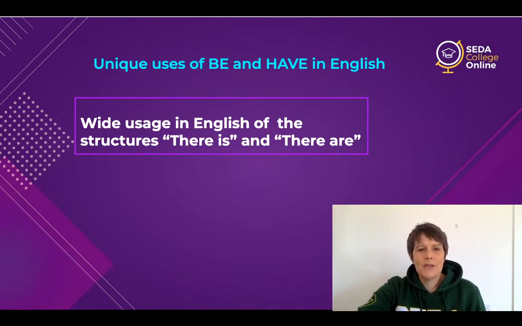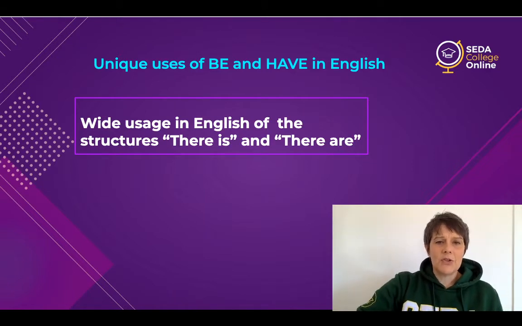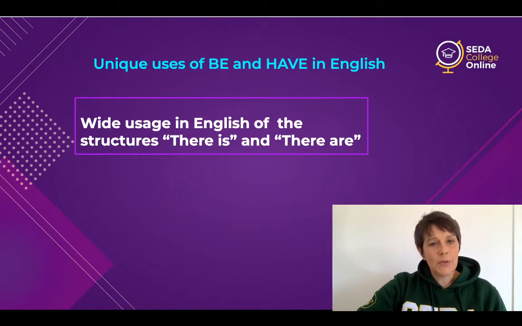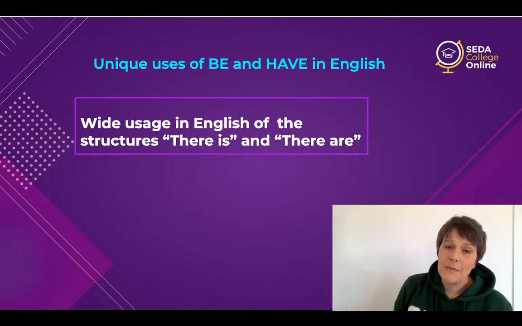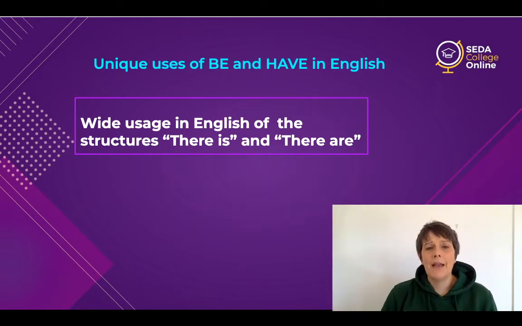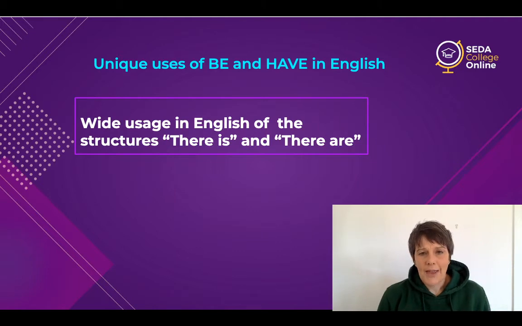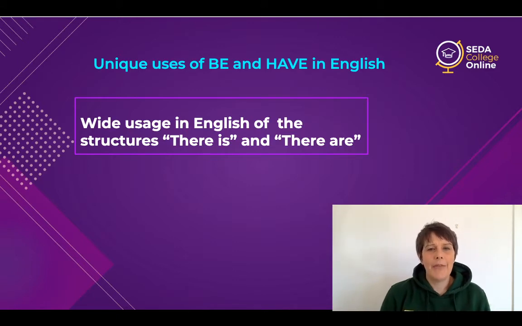And now I just want to talk about the wide usage of English, of the structures there is and there are. When you look at the descriptions that you wrote about the 3 places in Dublin that you should go to, did you write, there is a lovely view from here, there are lots of cafes, there are loads of things to do, there is a path that goes up the side?